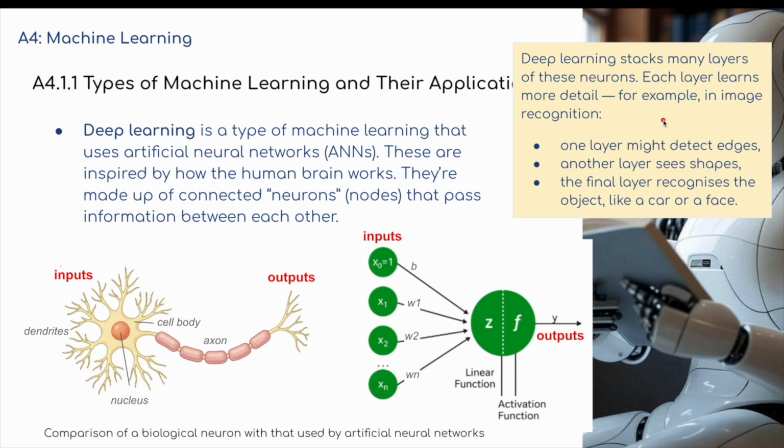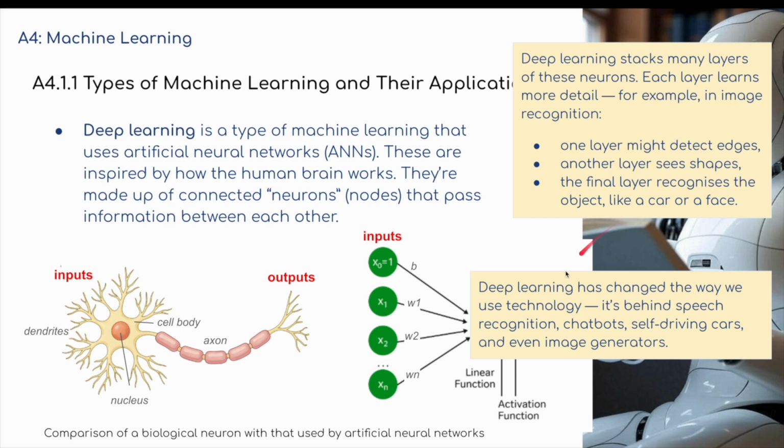Each layer learns more detail. For example, in image recognition, one layer might detect the edges, another layer sees the shapes, and the final layer recognizes the objects, such as a car or a face or an animal, a dog or a cat. Deep learning has changed the way we use technology. It's behind speech recognition, chatbots, self-driving cars, and even image generators.